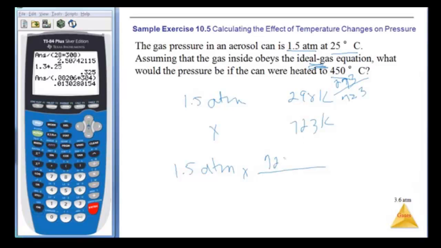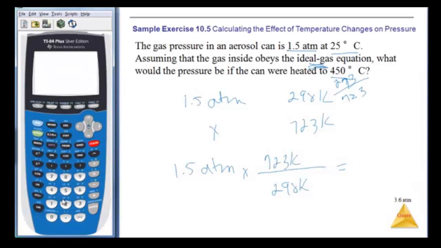So I want a factor to make it go up, and that's going to be 723 over 298 K. And if I punch all this, 1.5 times 723 divided by 298, I get 3.6 atm.